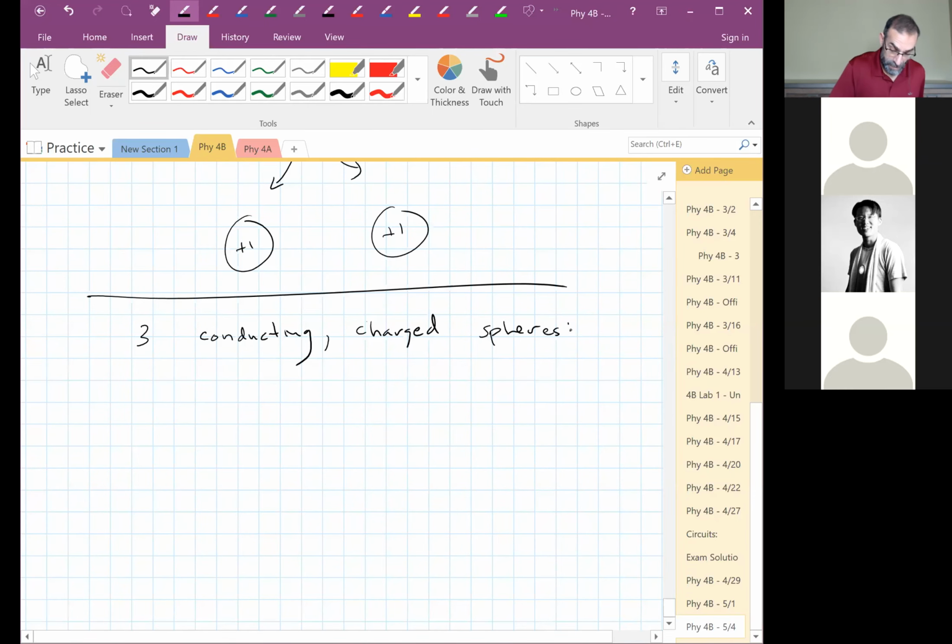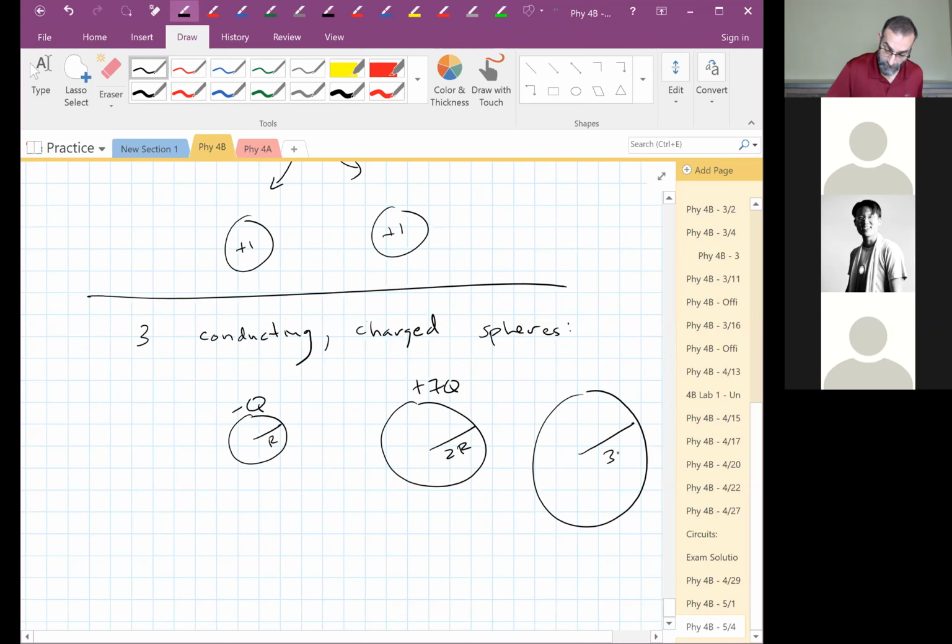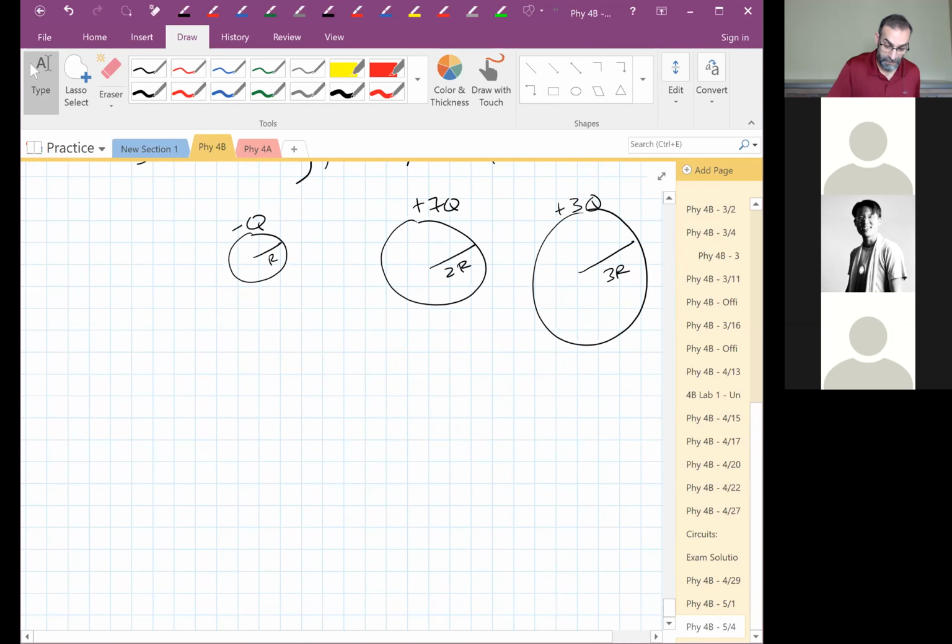Okay, so here we have these three conductors, and we are going to connect them with wires.